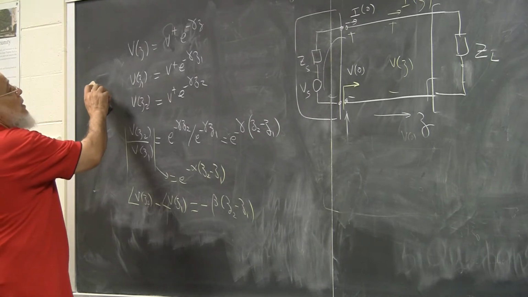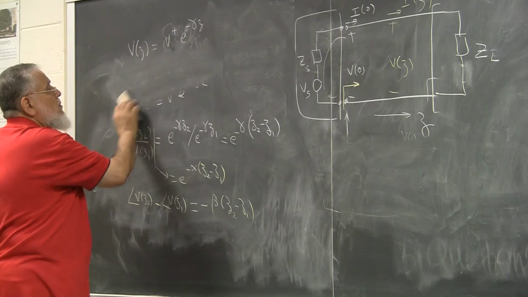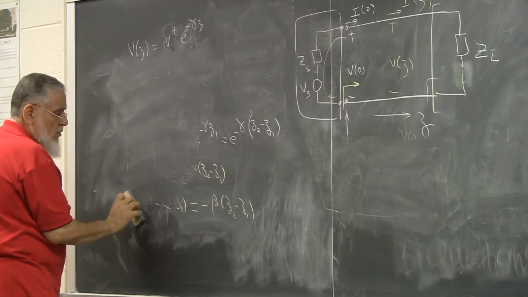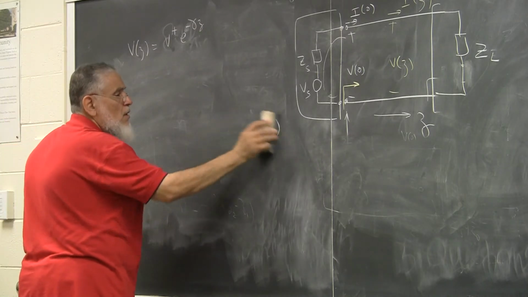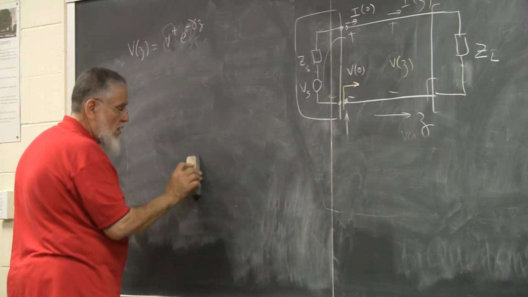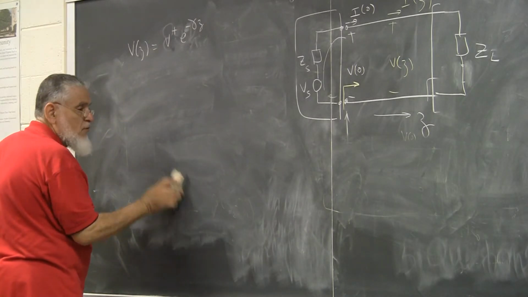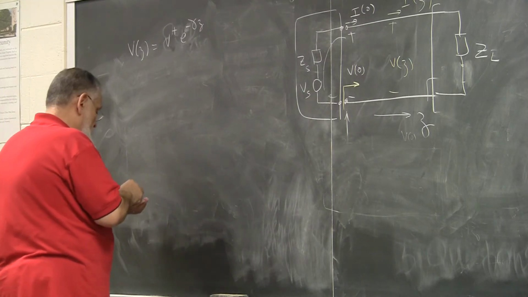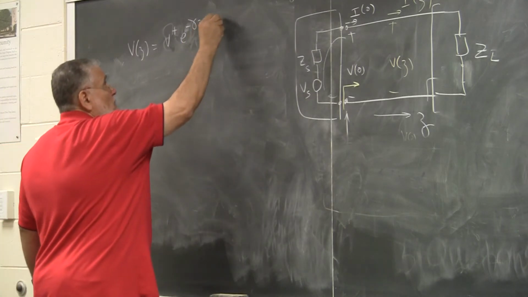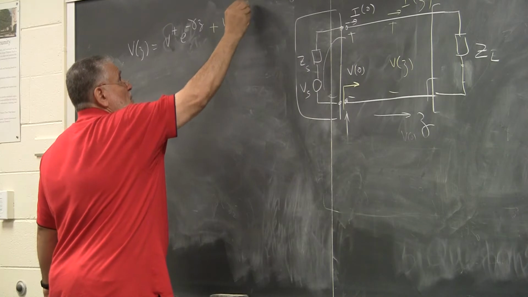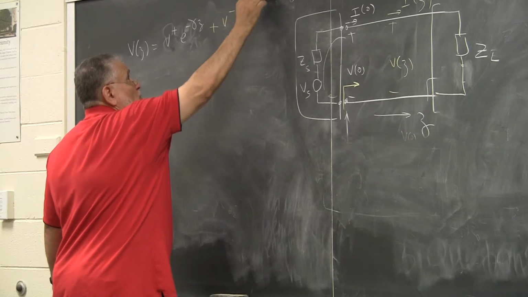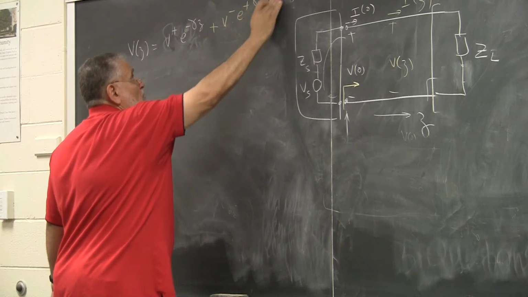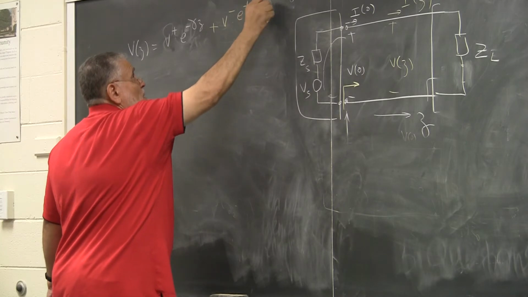Okay, let's get back to the full solution now. Same thing with the current. You can do similar expressions for the current. So you can stop anywhere and branch off and play all sorts of games with the expressions that we have. Now I'm going to add the V minus e to the plus gamma z. I have a situation now where both exist. I don't have a one-sided propagation.